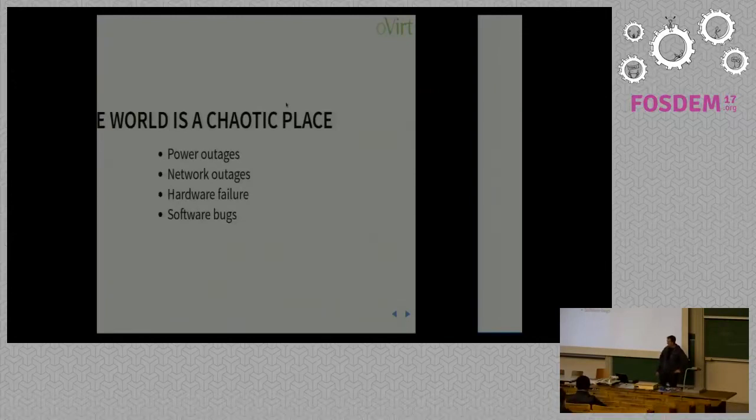All of these things we can mitigate. We can have redundant power supplies, redundant networks. We can have better hardware that's better maintained. We can have better software development processes, but hard as we try, we can't eliminate these. So if you want to have reliable storage, you're going to have to design it from the ground up with some algorithms that are going to do that.